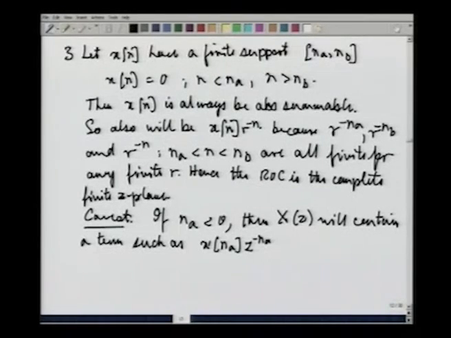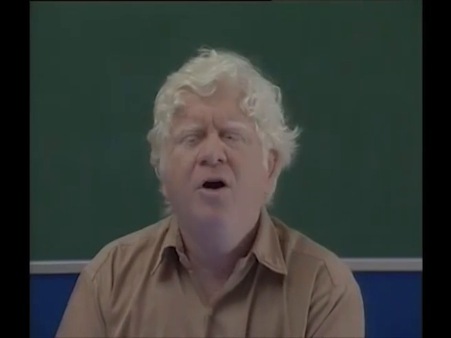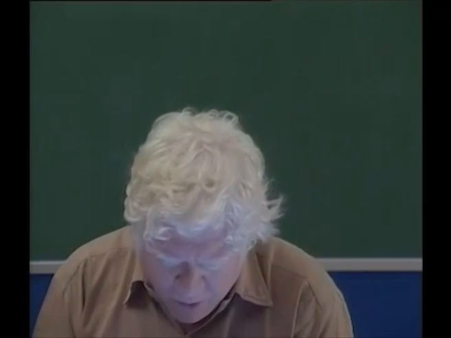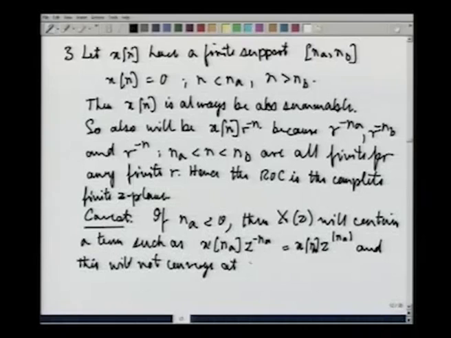Since n a is negative, z to the power minus n a is just z to the power mod n a, and this will not converge at mod z equal to infinity.